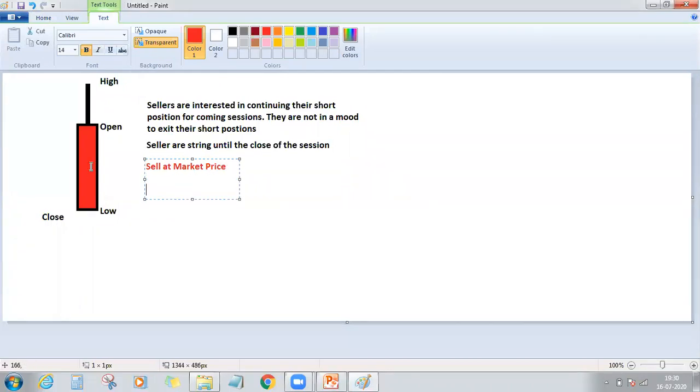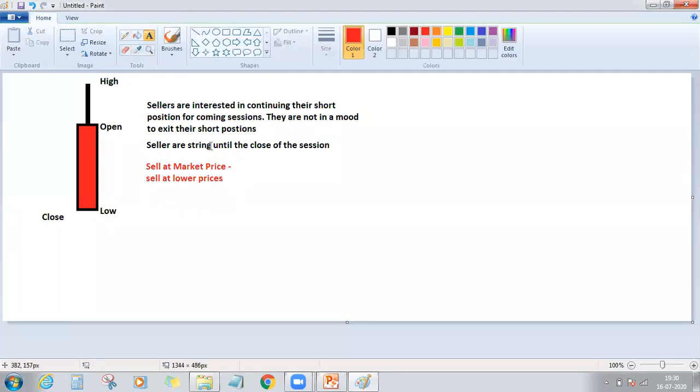Nobody is interested in limit orders here. If the sell at limit price orders were getting hit, instead the price would go up. Since people are ready to sell at market price, or in other words, sell at lower prices, because of this action only, price will come down so strongly like this.